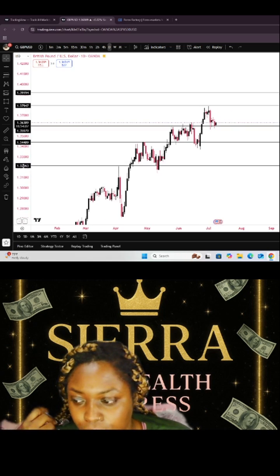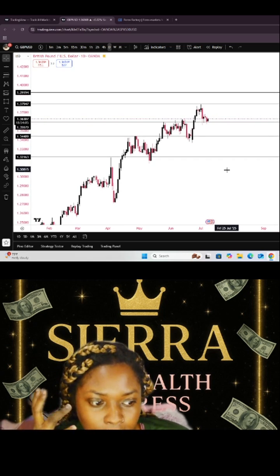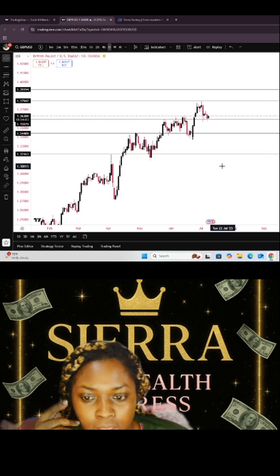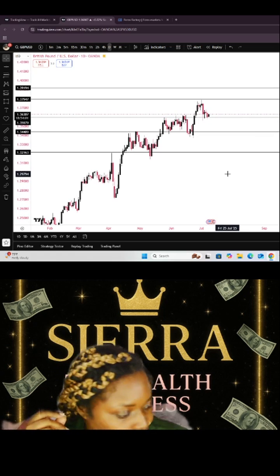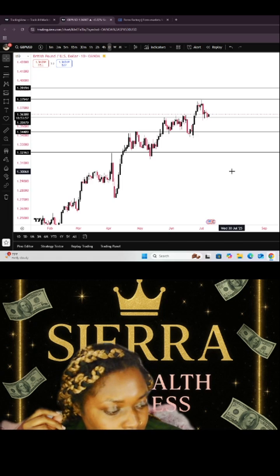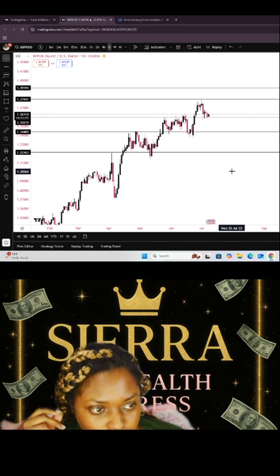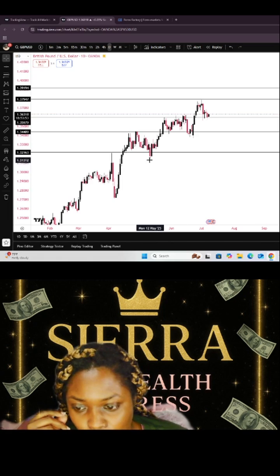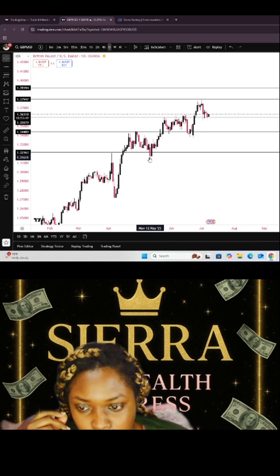So now we're going to talk about trend lines, okay? In order to have a valid trend line, you need 2 points of rejection, okay? So I have 1 point right here. You see price came down, rejected it, and then price brought.